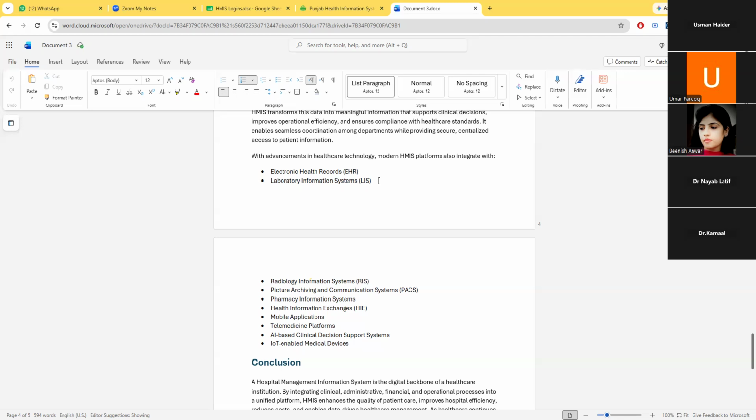For example, the urgency of the report. The doctor can request that whenever the report is generated, they be notified. Even if there is no person at that time who can approve the report, if the doctor mentioned to notify them whenever the report is generated, the system will automatically notify that doctor that the report is generated, along with the result parameters. On that basis, the doctor can take a decision in minimum time if there is any emergency for that particular patient.